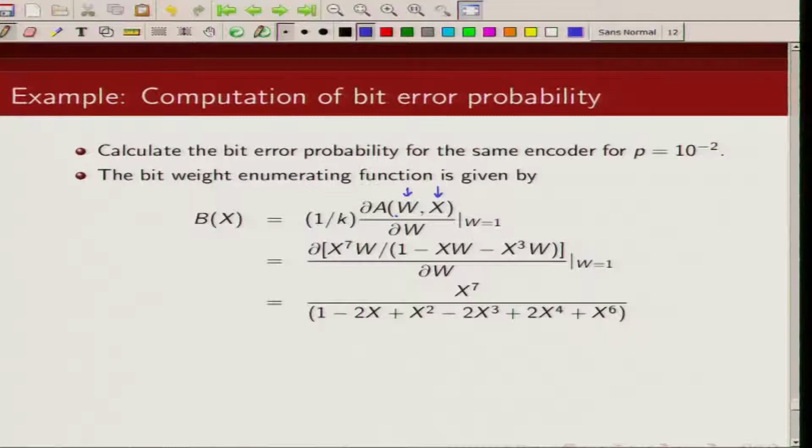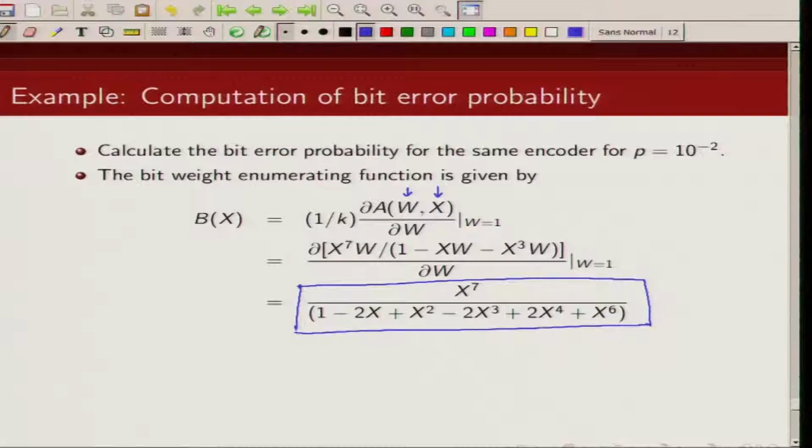So, for the example that we have considered, we already had the expression of input output weight enumerating function. So, if we plug that in, we get the expression for bit weight enumerating function like this, and then we can divide this by this. So, we will get x^7 plus some terms like that.